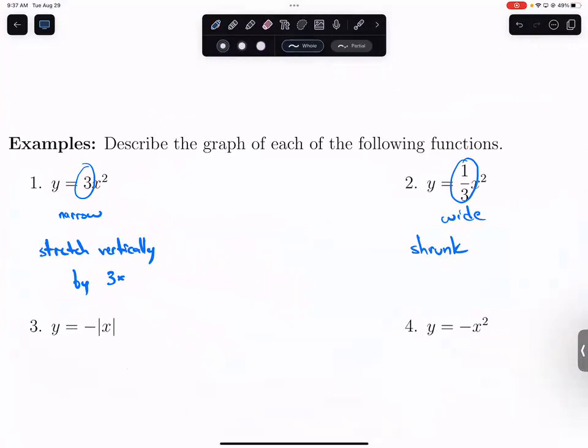I guess I'm saying it in present tense. I don't know why I'm worrying about verb tense here, but what can you do? So instead of hitting 1, 1, it's going to hit 1, 1/3, right? Because it's shrunk down, so the whole thing's laying out and slower, right? Wider.